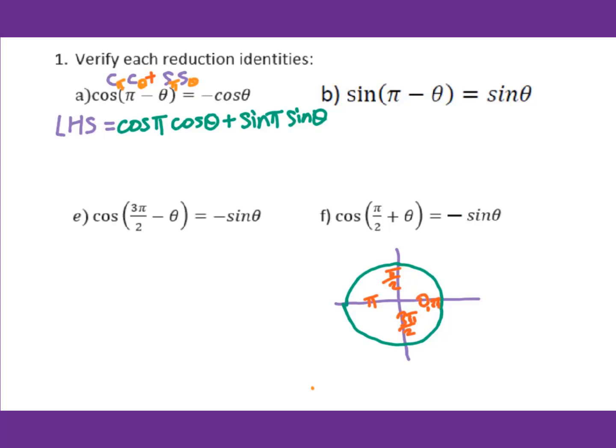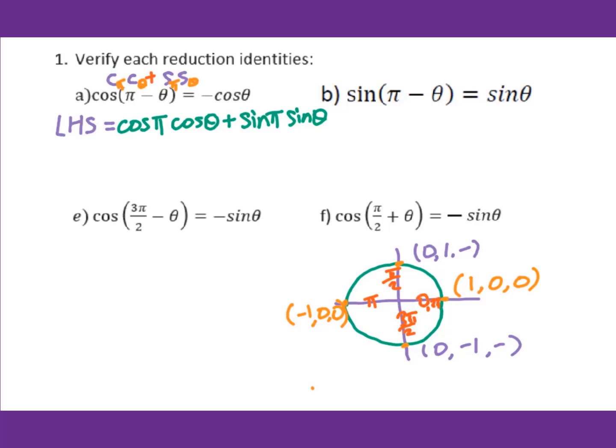Now we need coordinates where the unit circle intersects the x-axis and the y-axis. We got 1, 0; negative 1, 0; 0, 1; and 0, negative 1.